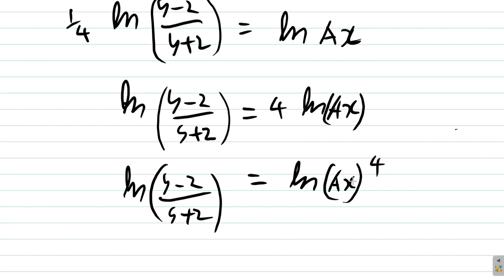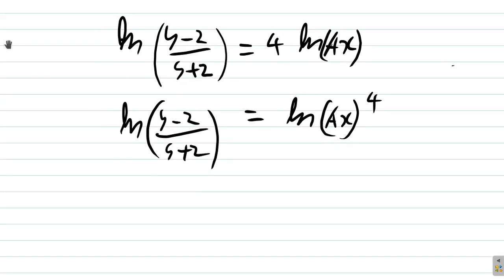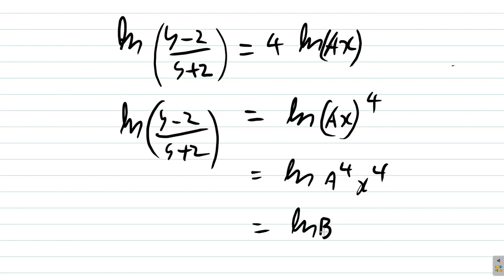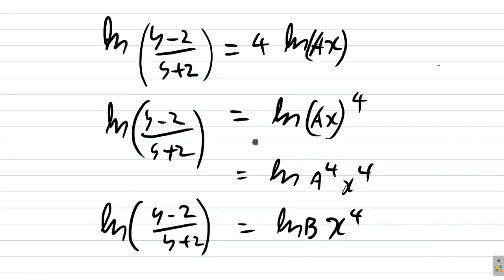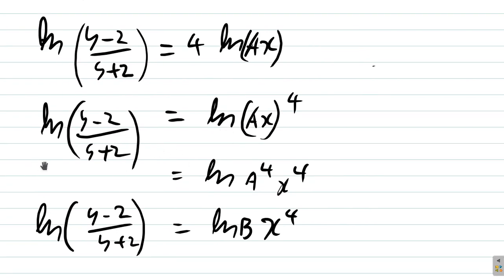Now, this is a to the power of 4. You can write this as ln of a to the 4 times x to the 4. But a to the 4 is another number, so call it b, whatever it is. So we have ln b x to the 4. Now, suppose you raise each side to the power, you have e to the power of each.